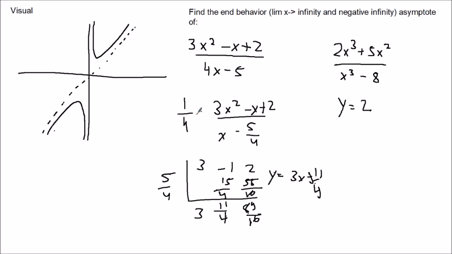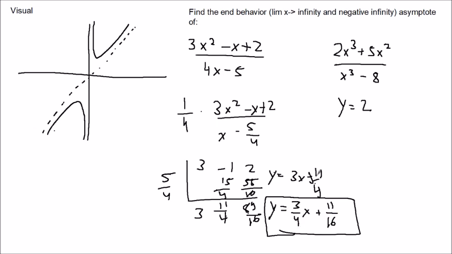I think you do, because it's just a ratio of the two functions. Whenever you actually divide this, you will get the 3/4. So this is not actually the slant asymptote. The slant asymptote is 3/4 x plus 11/16. That's the slant asymptote of the function, because you have to multiply by 1/4.